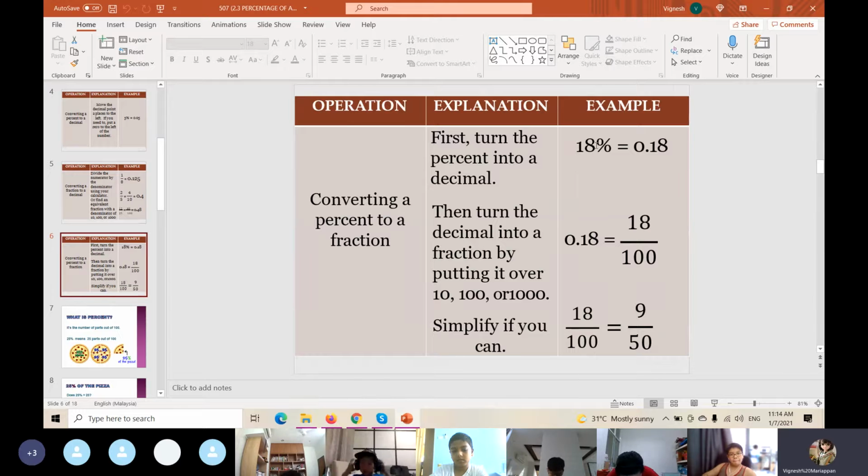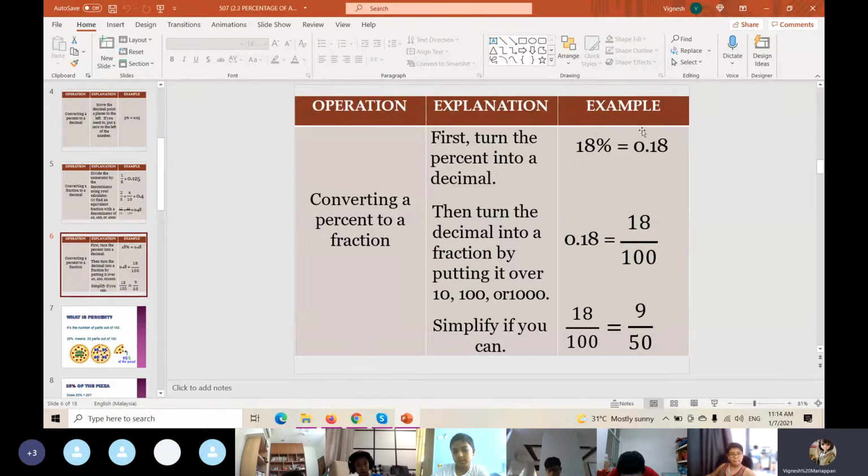So 18 percent, you have to convert how? 1, 2. You have to move 2 decimal places to your left, meaning 0.18, if you are converting it into the decimal, correct? But it's not the final answer, because you have to convert again into the fraction. How?